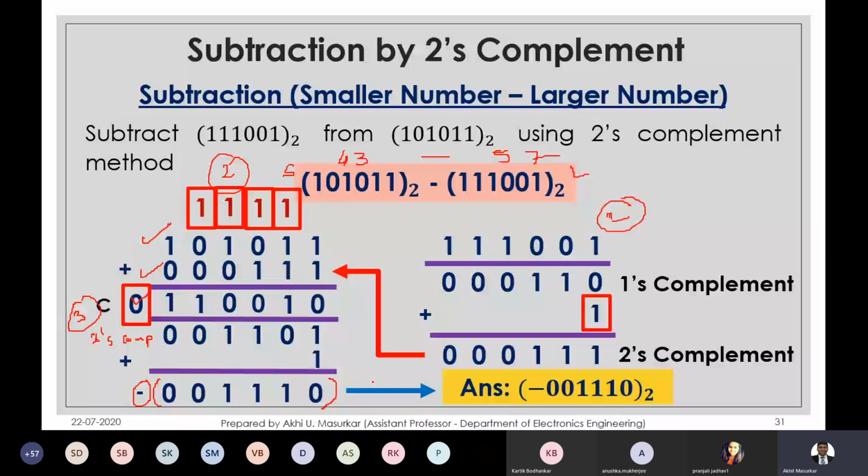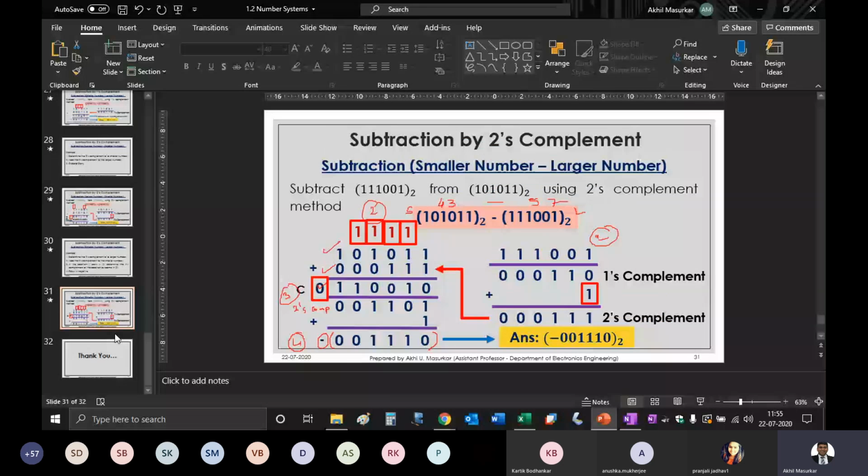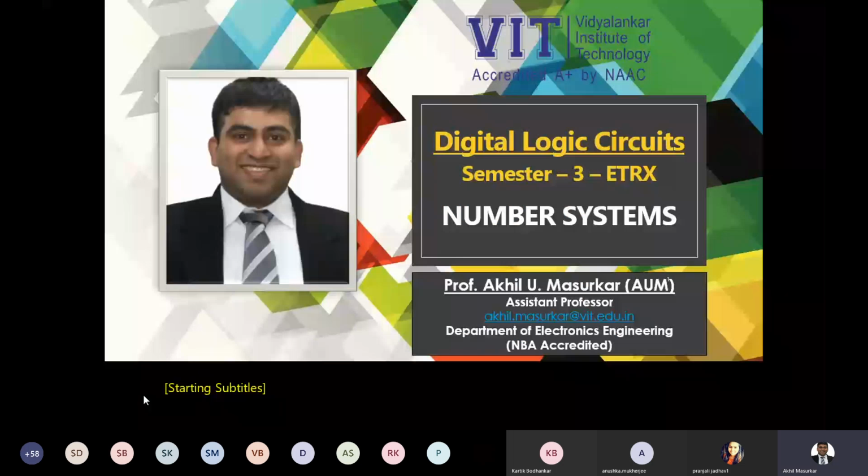So I want to highlight one thing about subtraction. You all should note this down somewhere. Just a minute.